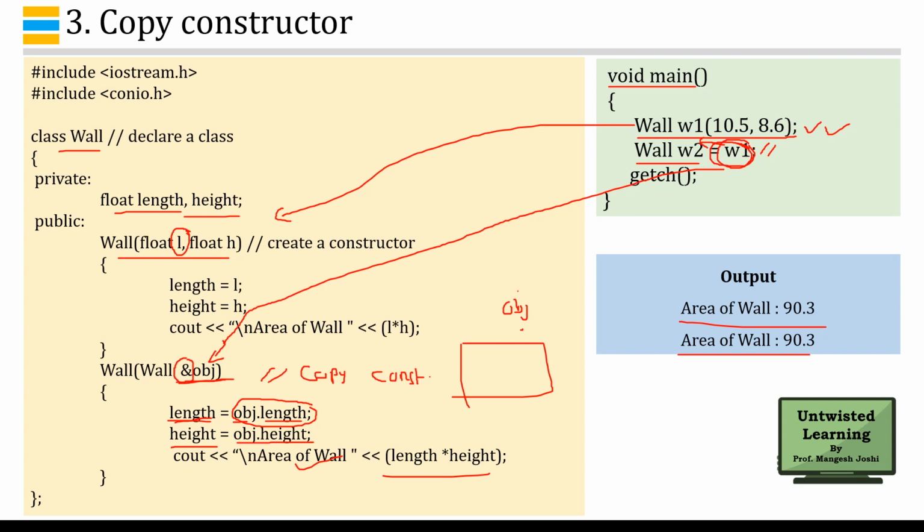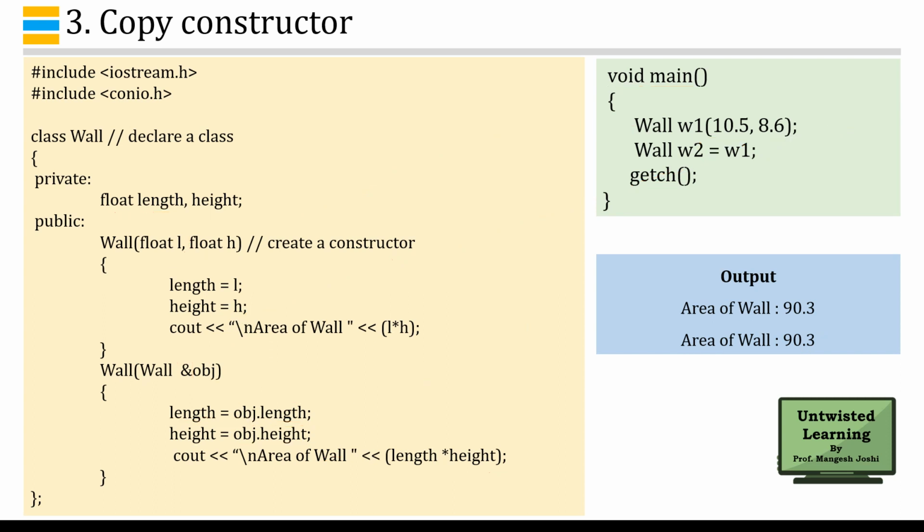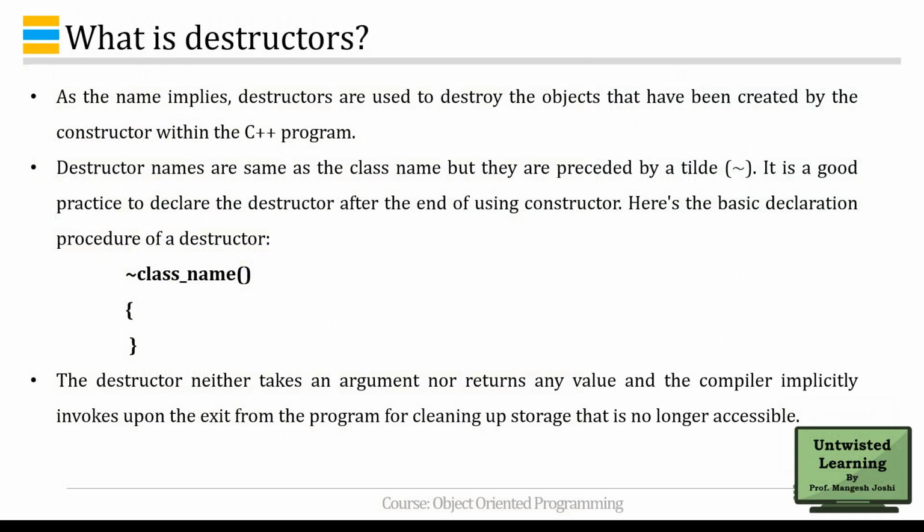So this is all about the three different types of constructors to initialize the objects of a class. Now, whenever you are declaring or using constructors, you must use a destructor as well. So what is a destructor? As the name implies, destructors are used to destroy the objects that have been created by the constructor within the C++ program.